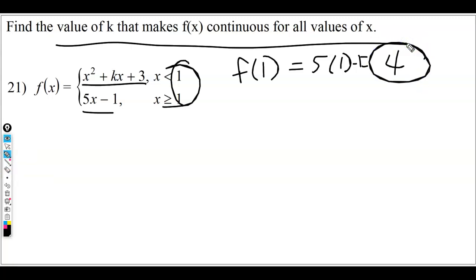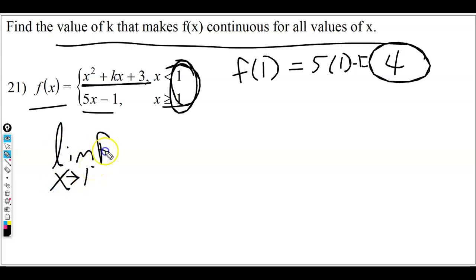But now we have to do the limit. Does the limit of this function exist? Now when it comes to piecewise functions, we want to know, does the limit exist at 1 to see if it's continuous? So to do that, we need to know what is the limit as x approaches 1 from the left, and is it equal to the limit as x approaches 1 from the right?